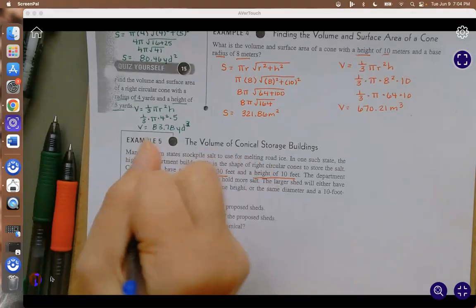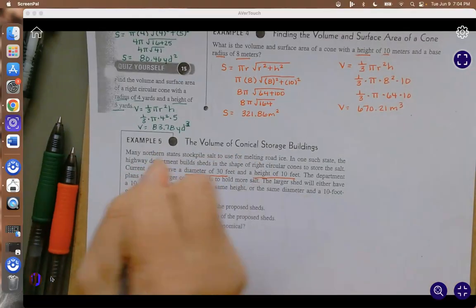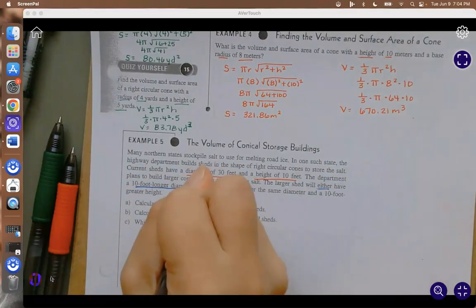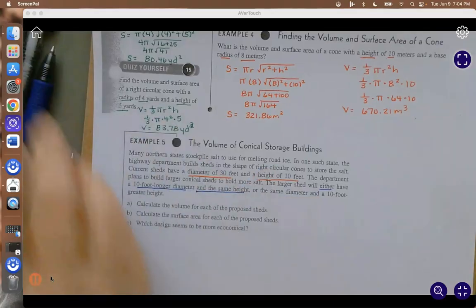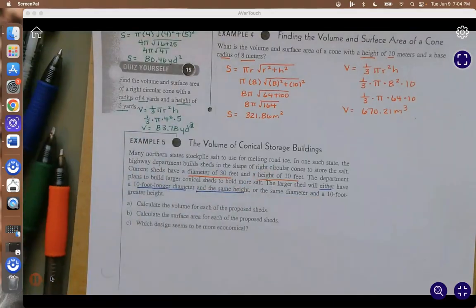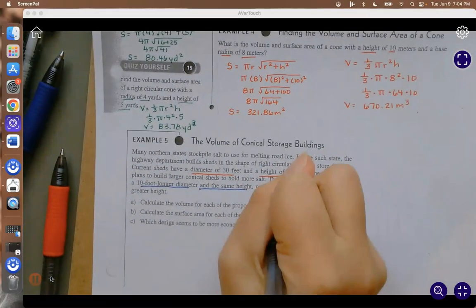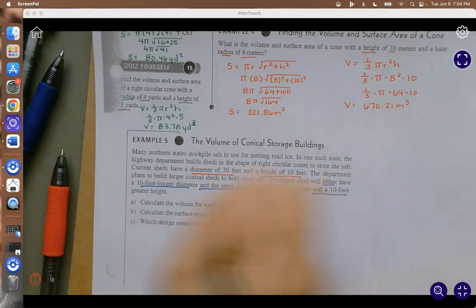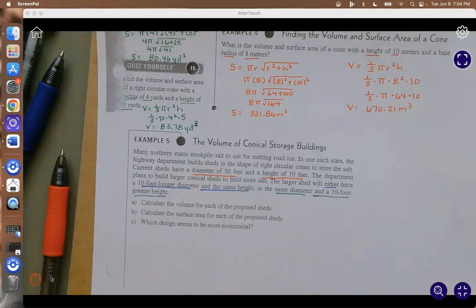The larger shed will either have a 10-foot longer diameter, and it says either, and the same height, or the same diameter and a 10-foot greater height. So there's 3 types of sheds we're looking at here. Okay, so calculate the volume for each of the proposed sheds.